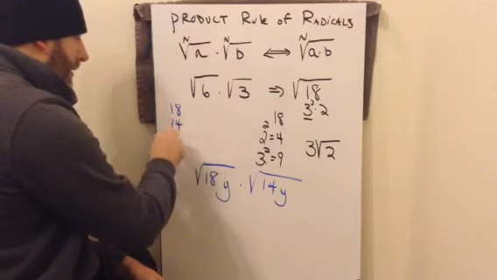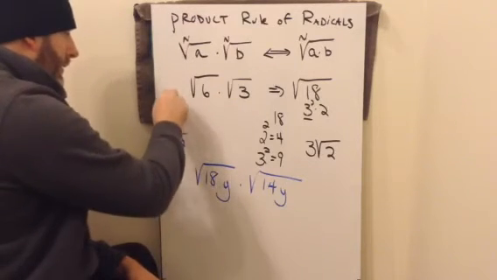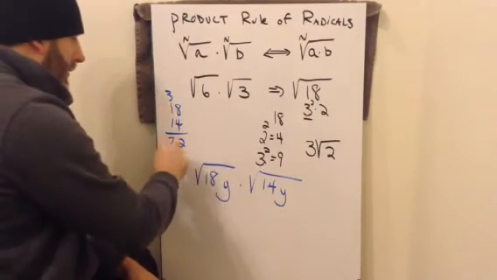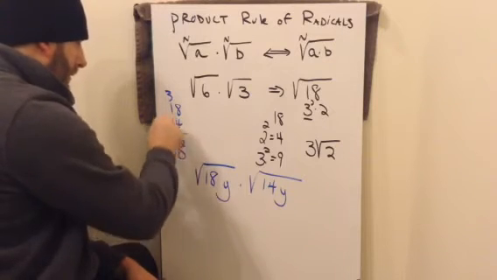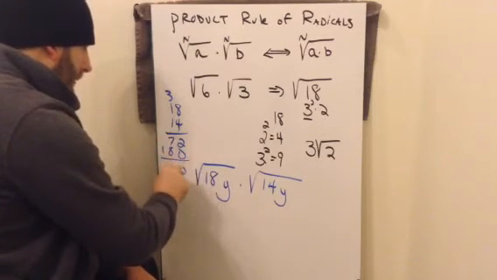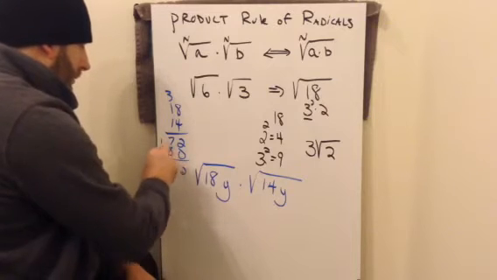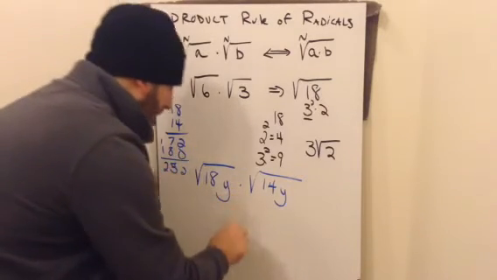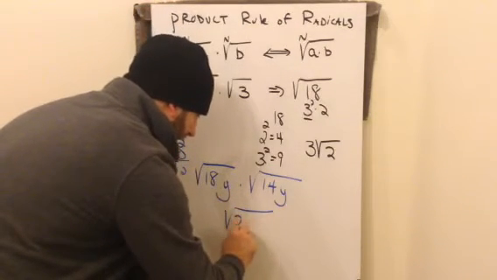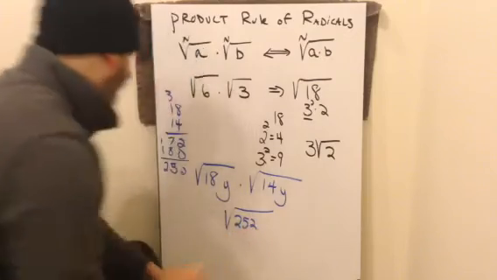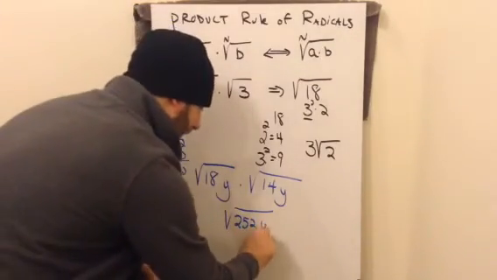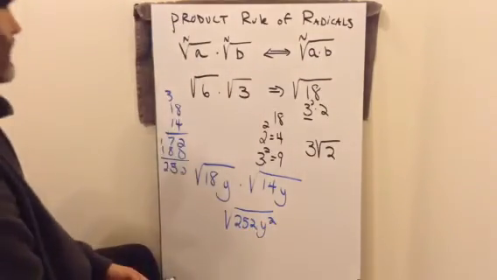I don't have my calculator handy, so I'm just going to do it old school. So we get square root of 252 y squared. I think that's right.